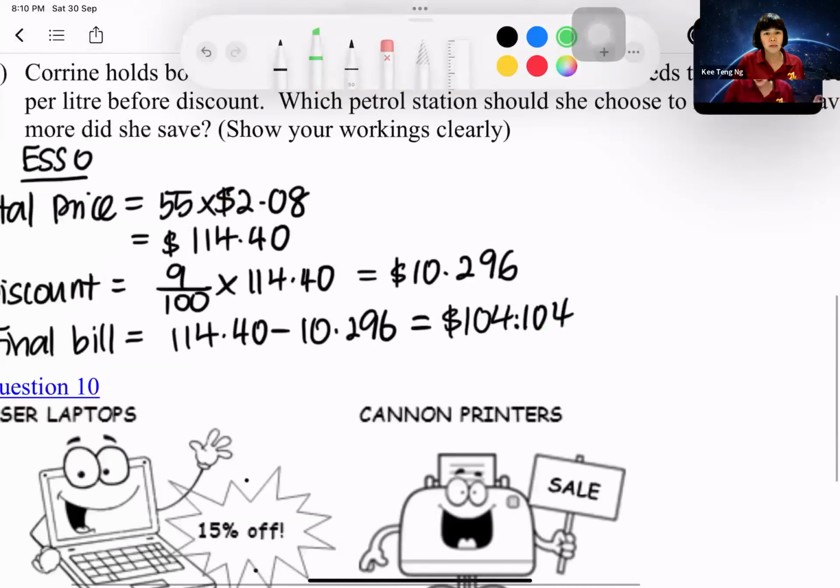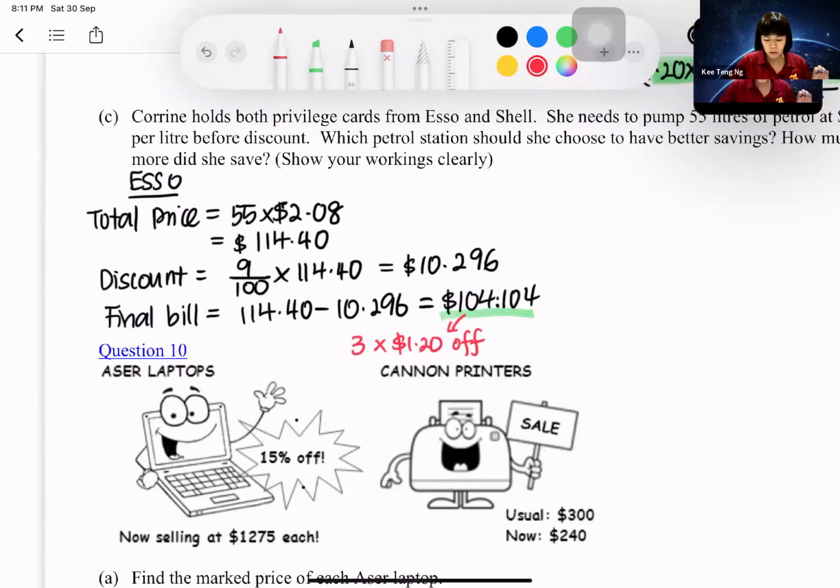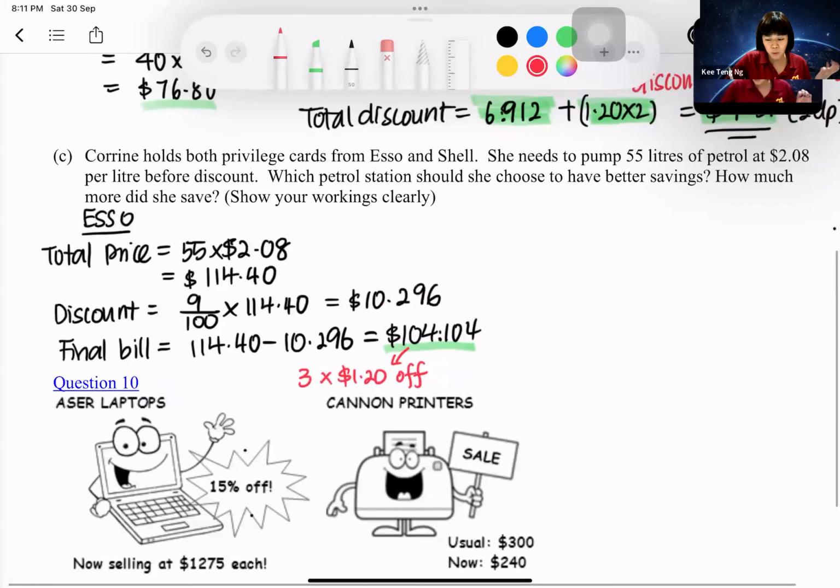30, 60 plus another 30 is 90, right? So that is very near 100 already. So in this case, this one got three times $1.20 off, right? Okay, so I'm going to calculate. They say how much money did she save, right? Which one is better? So I need to find my savings for SO.